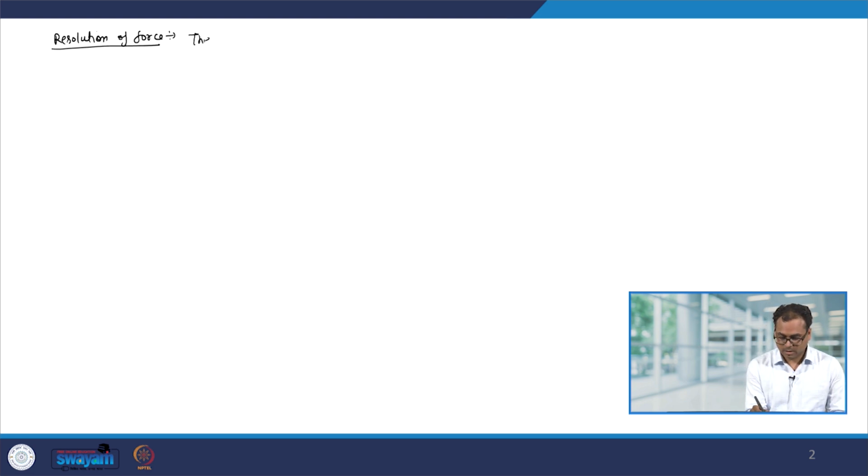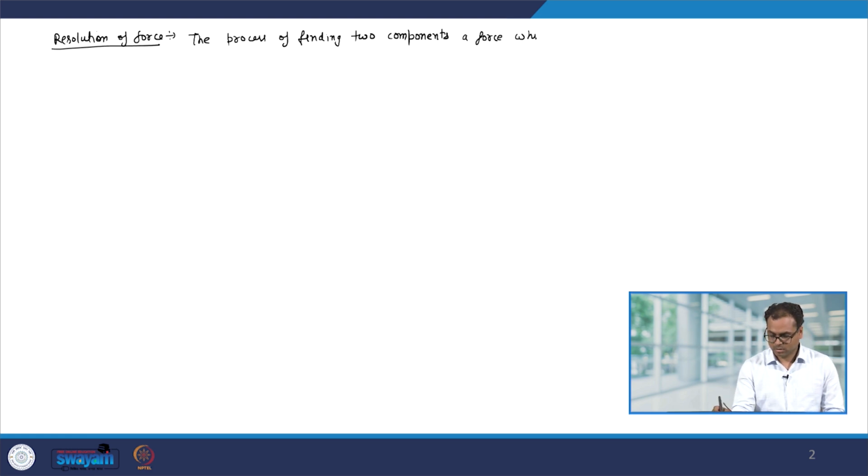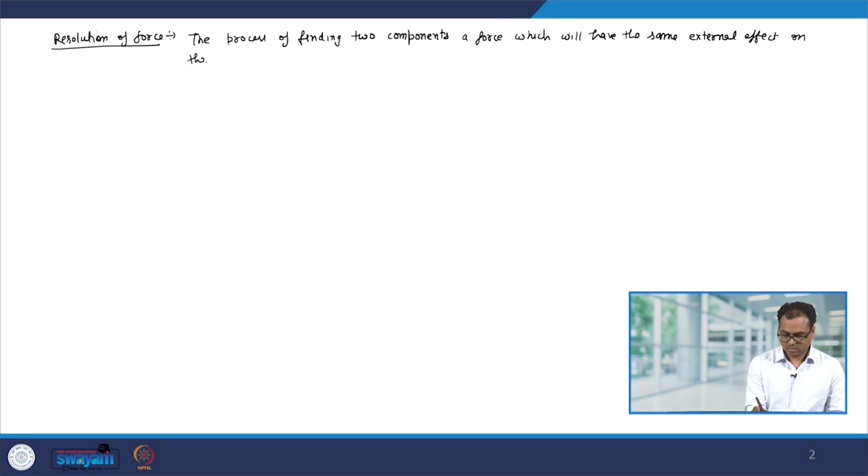So, here the process is finding two components of a force which will have the same external effect on the body.